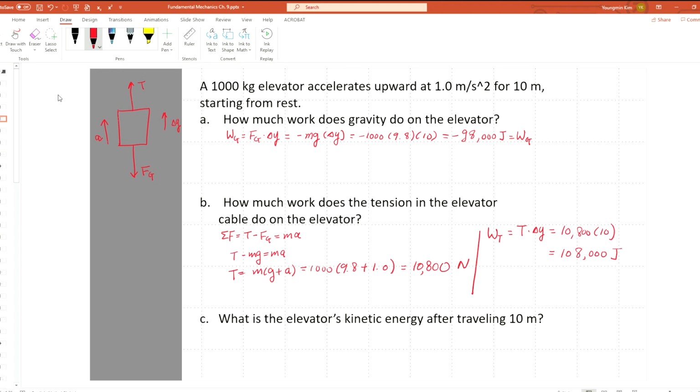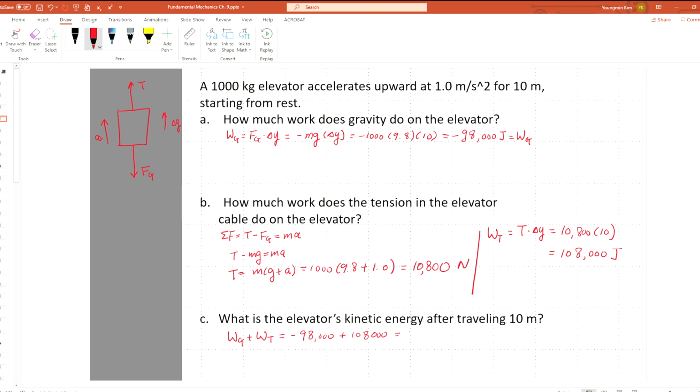All right, we have the two works calculated individually, so we can find the total work, which in this case is the work done by gravity plus the work done by tension. The first one you have minus 98,000 plus the work done by the tension, 108,000.